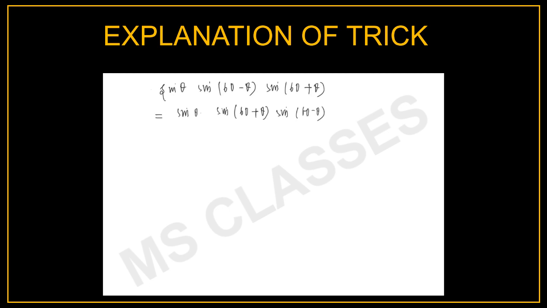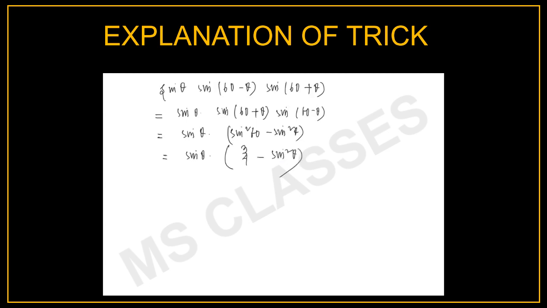We have written it in this form so that we can say this is sine A plus B into sine A minus B. Now, sine A plus B into sine A minus B is sine square A minus sine square B. And this gives us sine theta into 3 by 4 minus sine square theta.